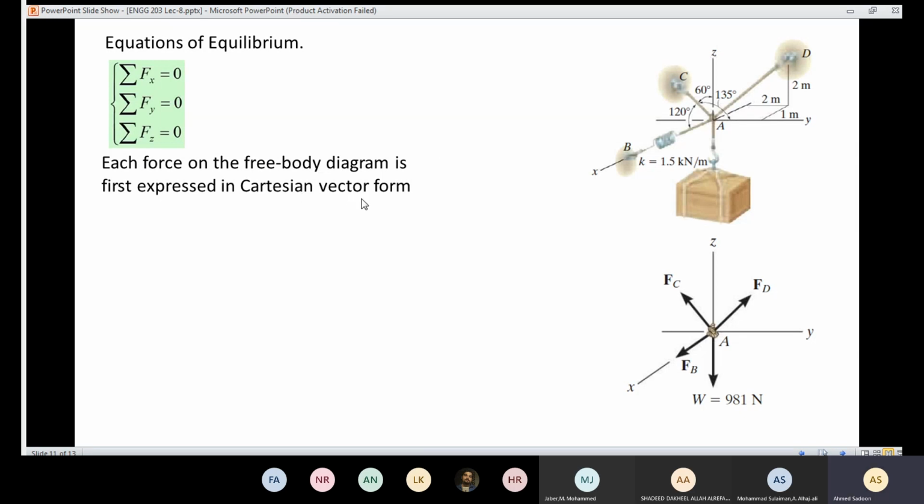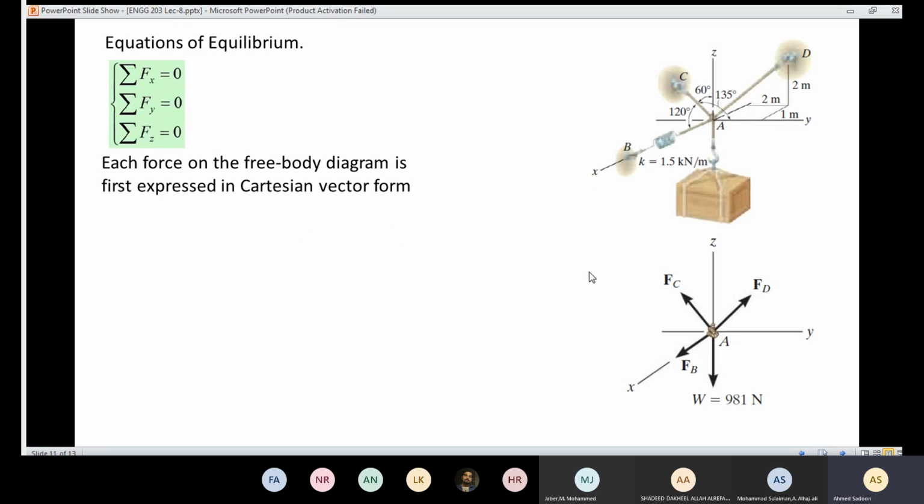Please pay attention here, that point is very important. In order to express a force in Cartesian form, we remember that the F vector equals Fx i plus Fy j plus Fz k. So I need to convert all the forces here into that form.